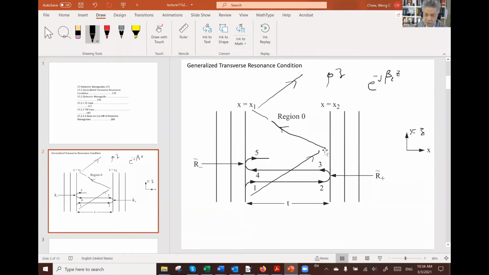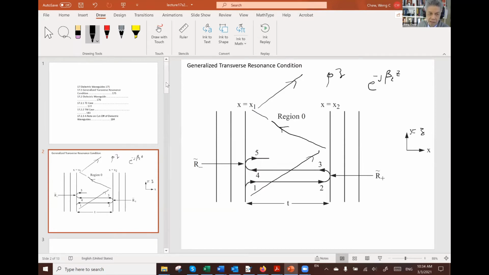So as the wave bounces around, the phase in the z direction is the same for all regions, and hence we just have to focus on tracking the transverse phase of this wave. So we assume the z phase is the same, so we don't have to keep track of it. We just keep track of the phase as it propagates back and forth.